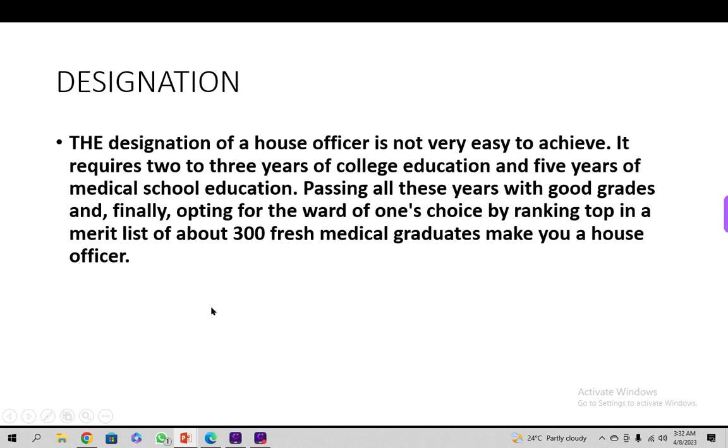For example, medicine or medicine and allied, surgical and allied, etc., or gynae ops. Your decision depends upon the merit list actually. So what is going on here? It is very, very difficult. Very hard work is needed to obtain this designation.